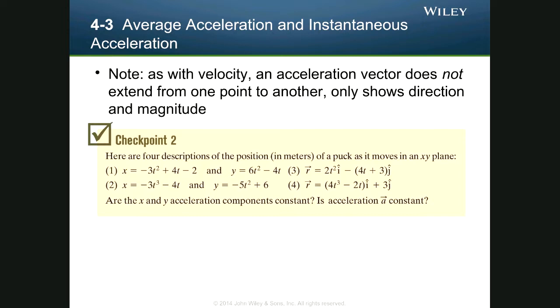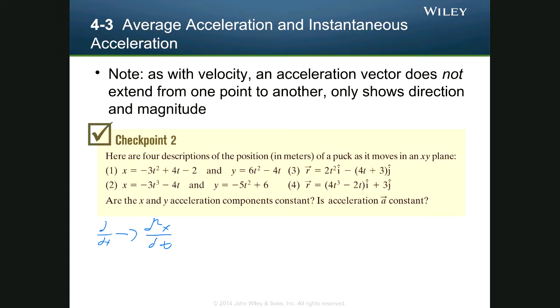So we have the x component. I'm looking at 1. First I'll figure out what dx dt is, and then I'll figure out what the second derivative is. I didn't say this first part correctly. Hold on.